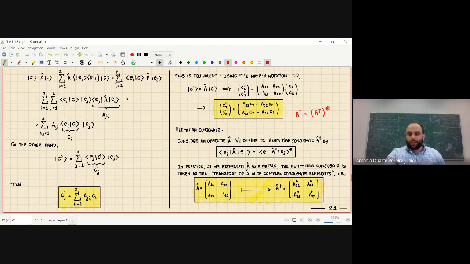So inside the operation of taking the Hermitian conjugate, you are already transposing the matrix. Okay? But nothing forbids you to take the transpose of this matrix, right? This is a matrix as any other, so you can take the transpose of that. But the operation that I call Hermitian conjugation is this one. You take the transpose and then take the complex conjugate. Okay?